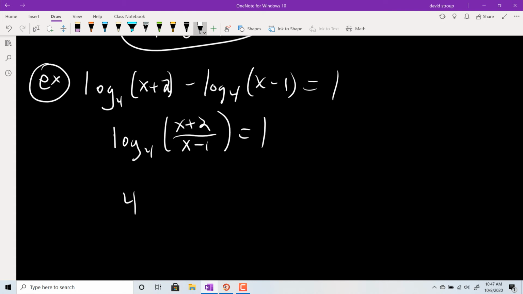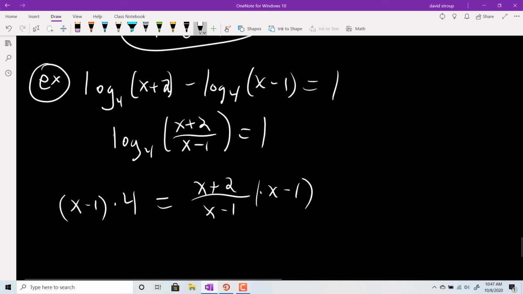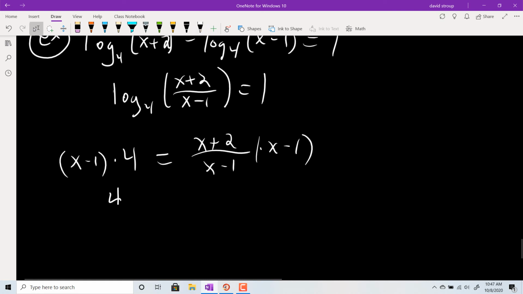So it's 4 to the first power, which is 4, equals x plus 2 over x minus 1. Then I can multiply both sides by x minus 1. And so I have 4x minus 4 equals x plus 2. Move the x over, so 3x. Move the 4 over, 6. So x is apparently 2.